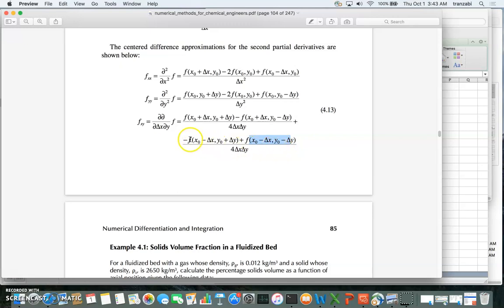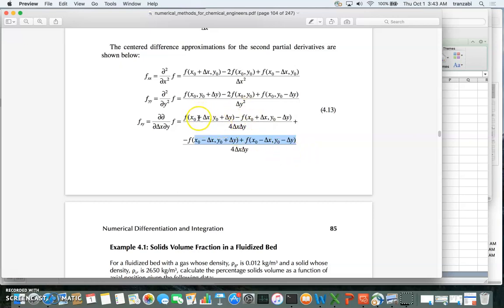But between these two, we are fixing x and changing y, and between these two, we are fixing x and changing y. So this is basically looking like taking derivative with respect to x first, and then with respect to y next. So at the end of the day, what you get is something like this, okay?